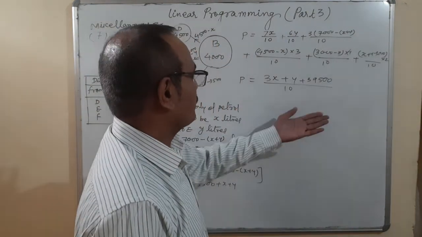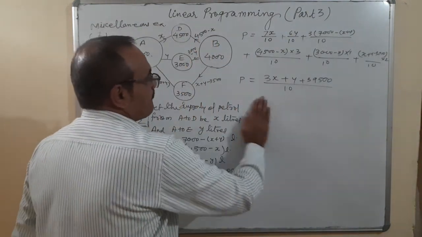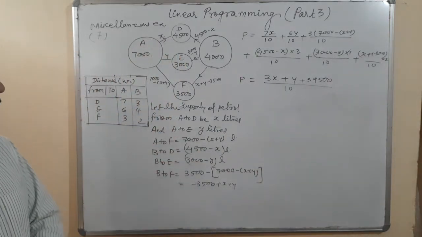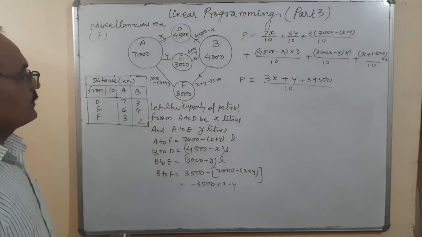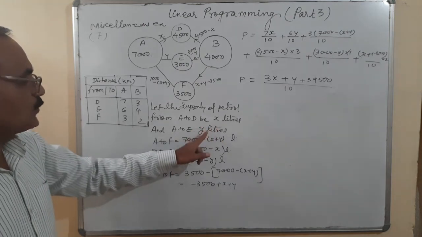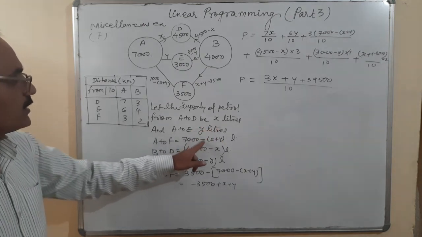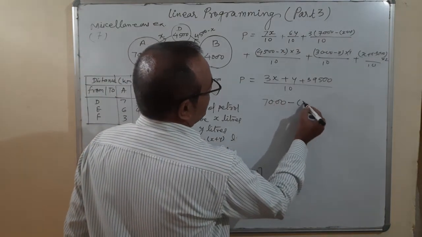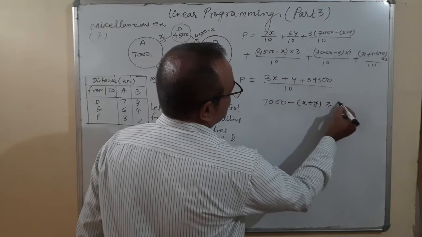After finding the profit equation, what should be done? We are going to find all the inequalities. So number one, x is greater or equal to 0, y is greater or equal to 0. Then 7,000 minus x plus y is greater or equal to 0.